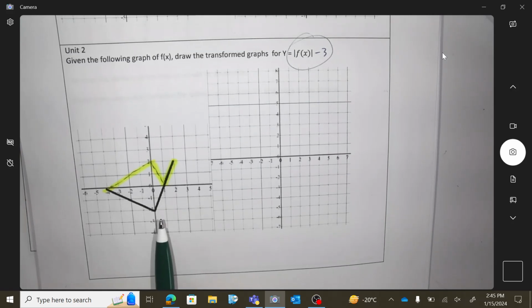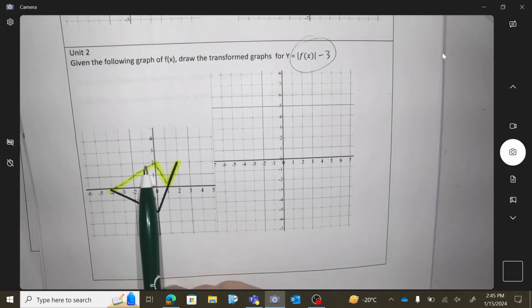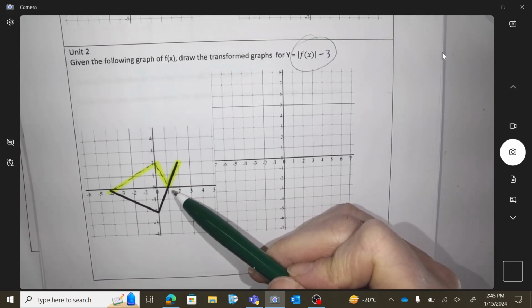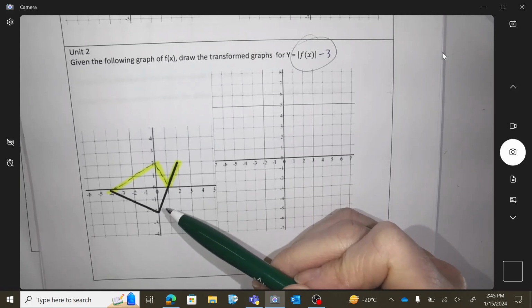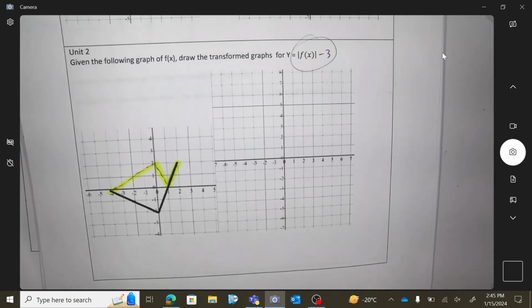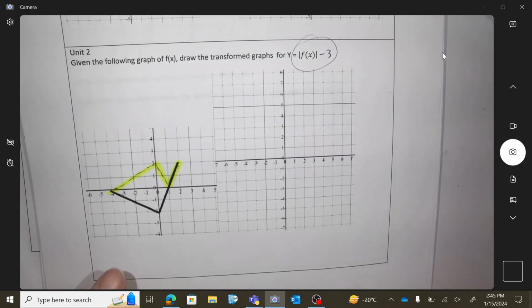So do you see my yellow? This is the negative portion changed positive, and this portion stayed put. Positive stays positive, negative has to change. Then take my yellow graph and shift the yellow down 3.